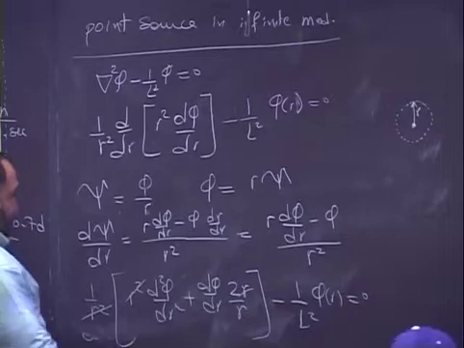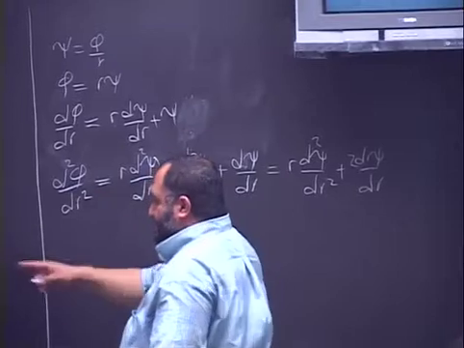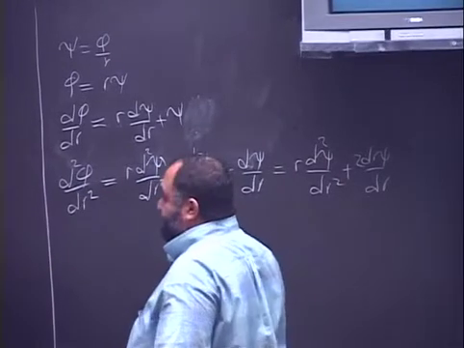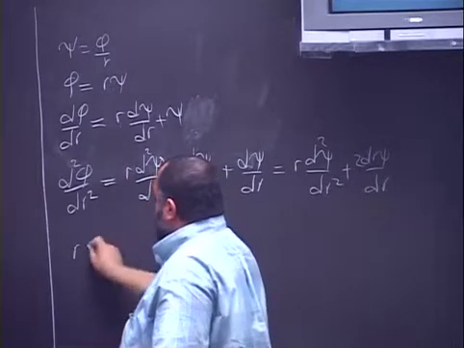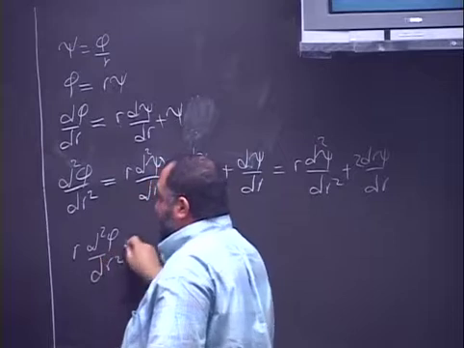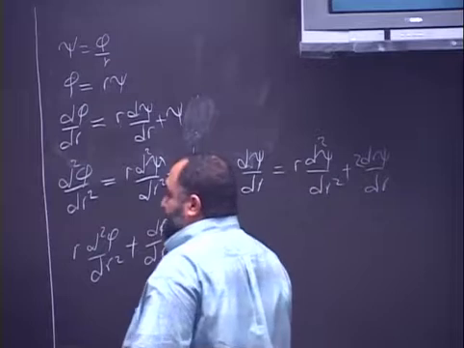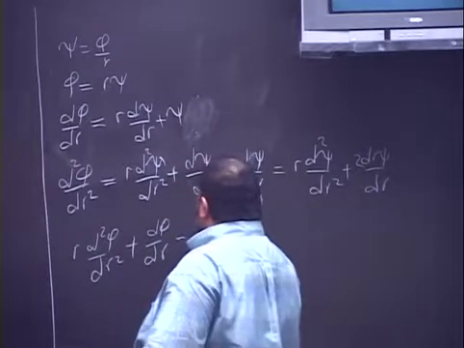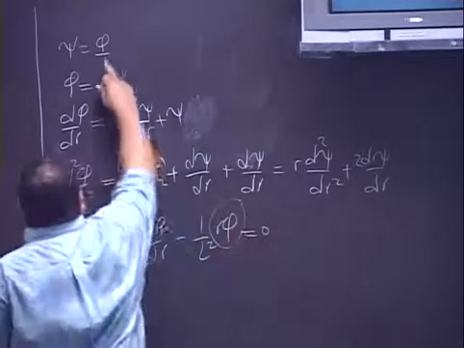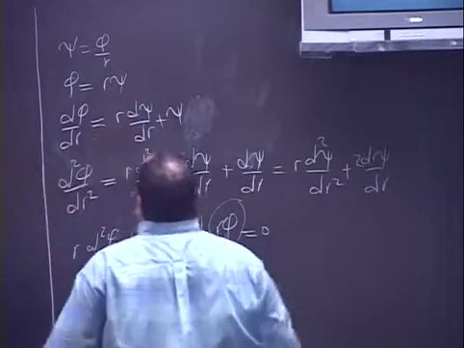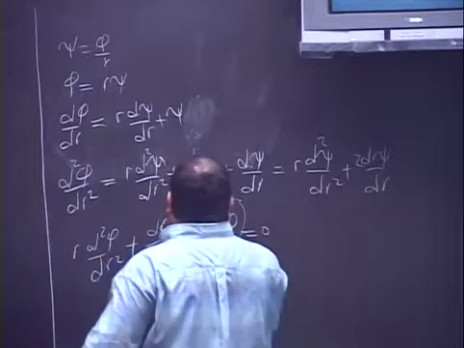Then this will be, if we multiply by r, r d2 phi by dr square plus d phi by dr, because we eliminated the r, minus 1 over L square r phi equal to 0. r phi is equal to what? Phi over r. I have to get r, phi over r.